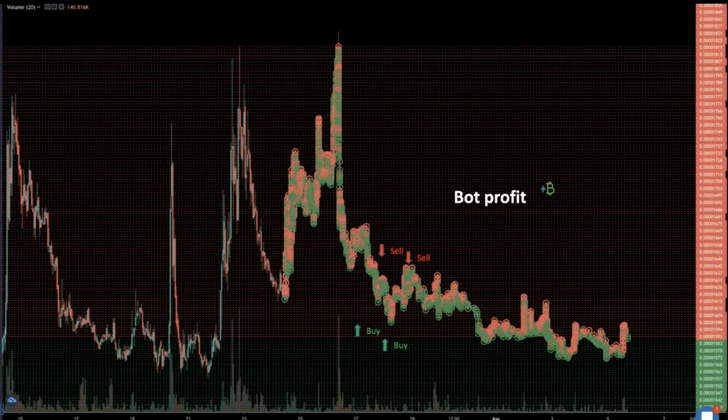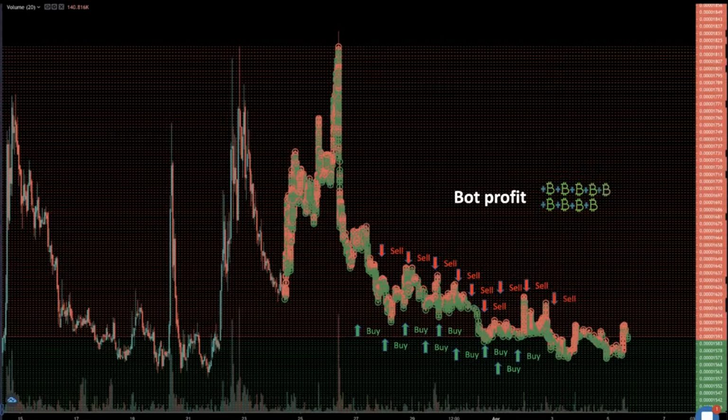And each time it buys low and sells high, it accumulates profit passively for you in the quote currency. It doesn't matter what the trend direction is, because the bot is completely indifferent towards the price direction. It just looks for opportunities to buy low and sell high.